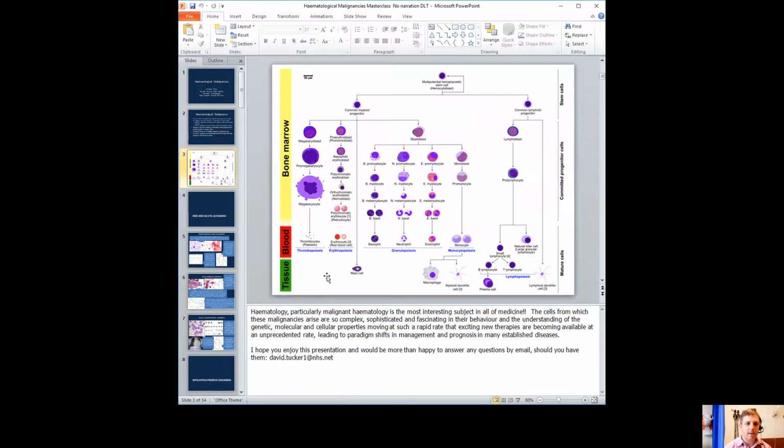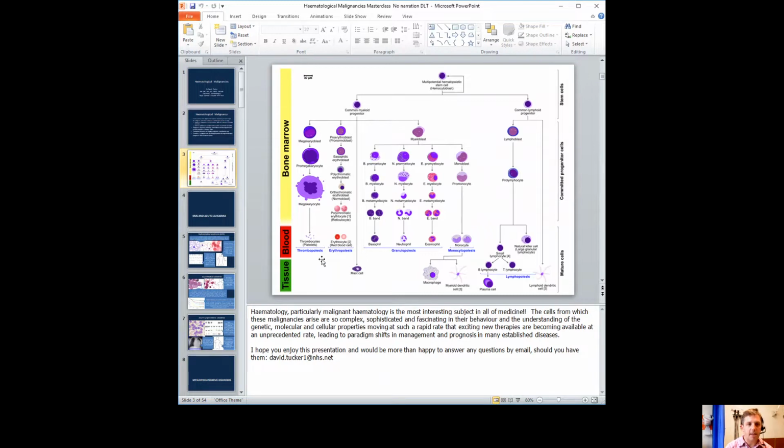So this just reminds you where all of our hematological cells come from. They start off in the bone marrow as a hematopoietic stem cell, which can become either a lymphoid progenitor, or a myeloid progenitor. And these cells are fairly rapidly proliferating and differentiating down their various lines into the different myeloid compartment cells.